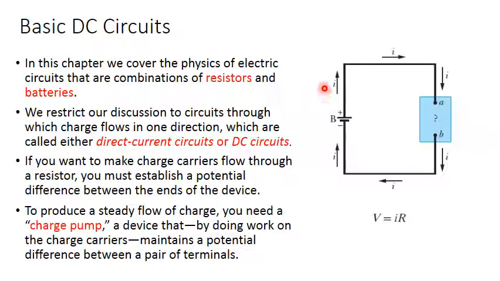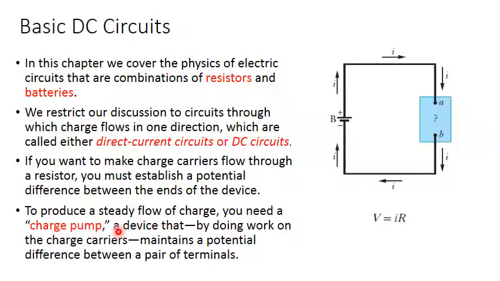To make direct current flow through a resistor, it would be required to have a pump which pumps the charge to flow along the resistor. So if we want to make charge carriers flow through a resistor, we must establish a potential difference between the ends of the device. To produce a steady flow of charge, you need a charge pump.